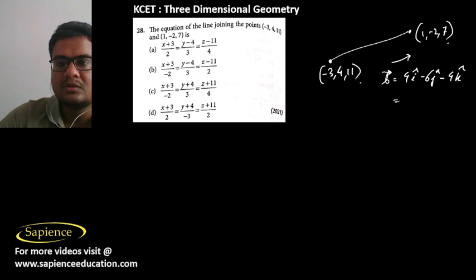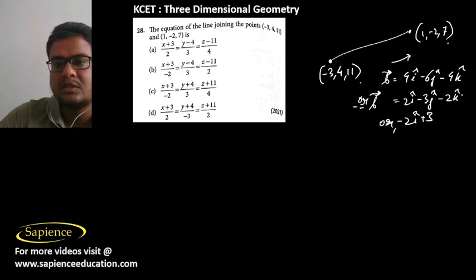So therefore vector B I can also write as 2 i cap minus 3 j cap minus 2 k cap, or I can write minus 2 i cap plus 3 j cap plus 2 k cap.